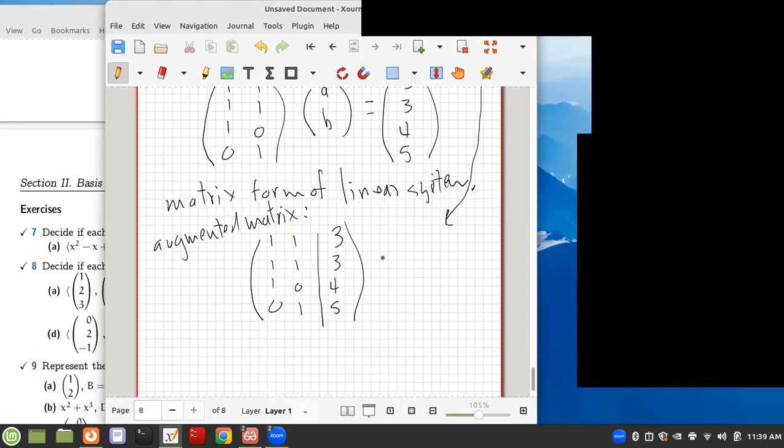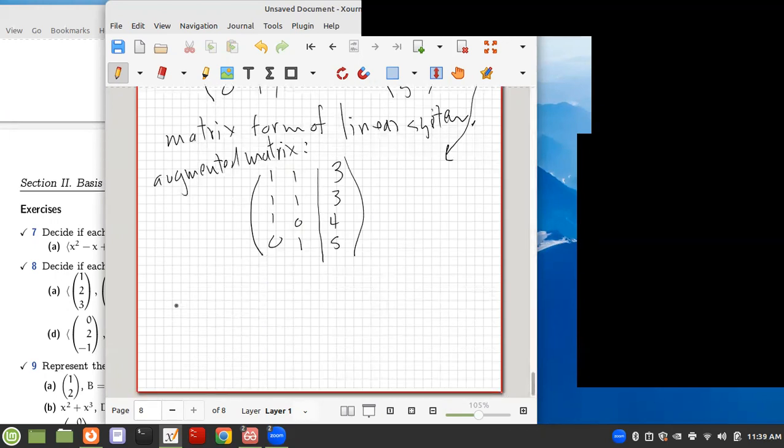Let me start over here and give myself more space. We want to get 0 here, so we could do minus row 1 plus row 2, minus row 1 plus row 3, and that'll clear the first column. Let's see what happens then.